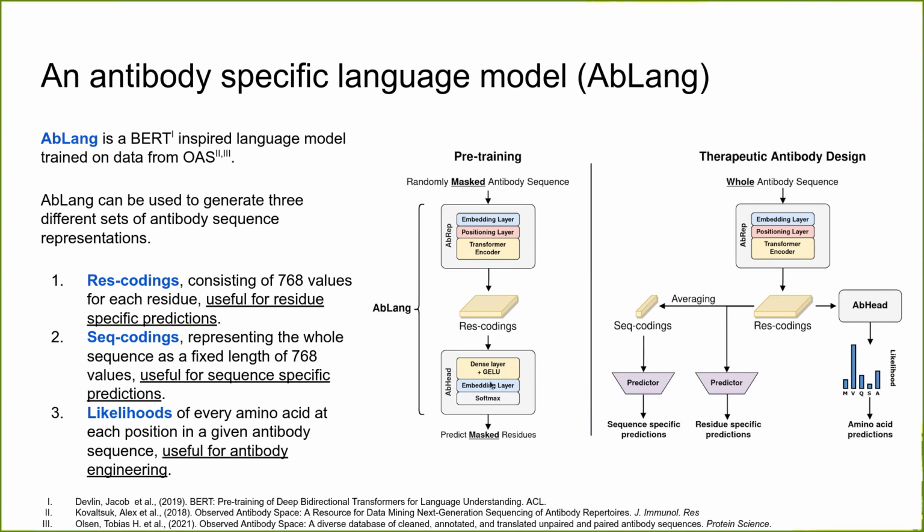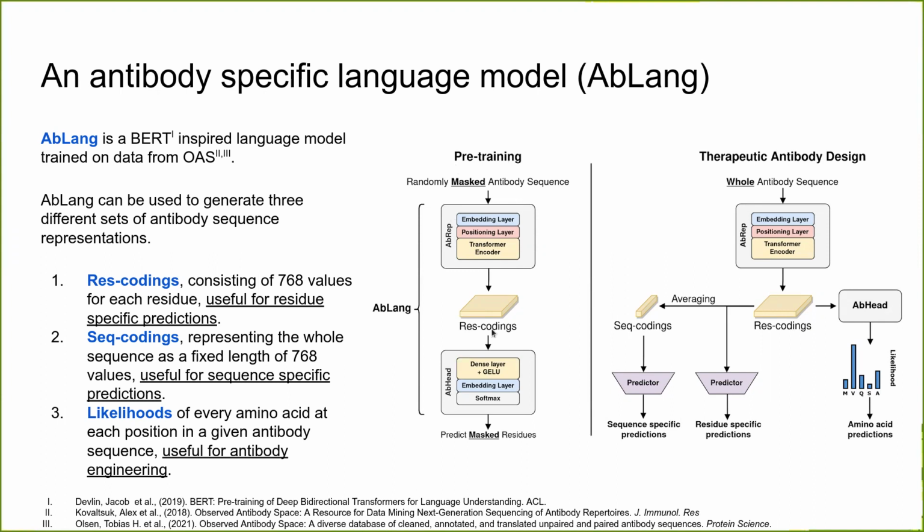The way we train AbLang is by something we call pre-training, where we train it on millions of unlabeled antibody sequences. Here we basically mask a random set of residues in the antibody sequence, and then we try and predict these masked residues. The idea is that the model learns how to predict each residue based on the rest of the antibody sequence, and thereby learns the semantics of antibodies.